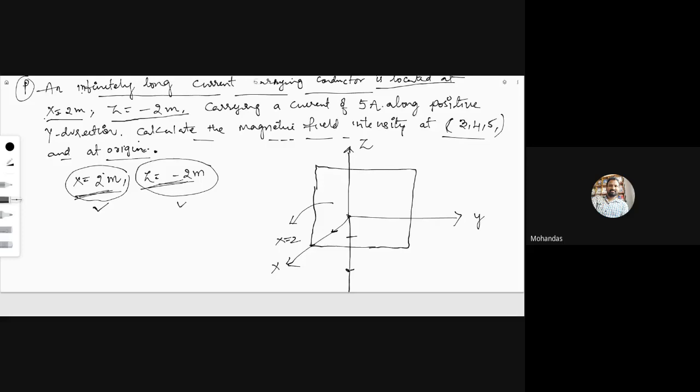By keeping z equal to constant, x is varying and y is varying, in this fashion also.